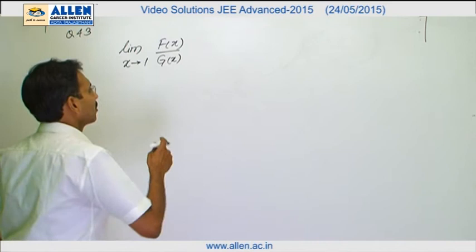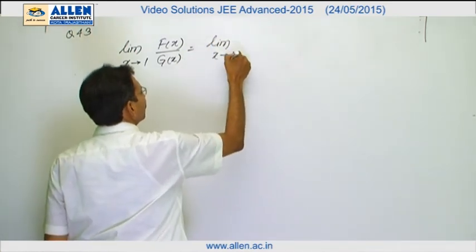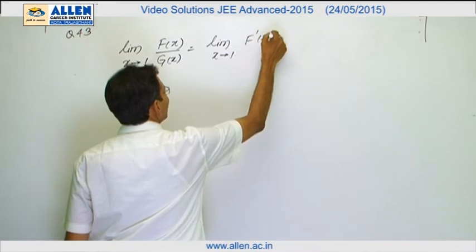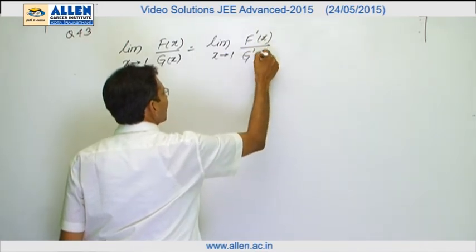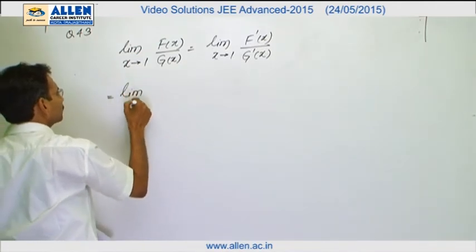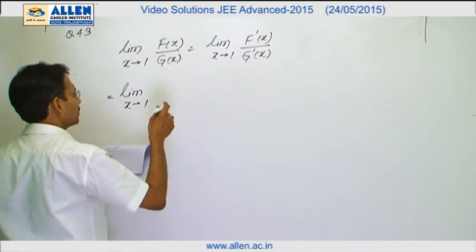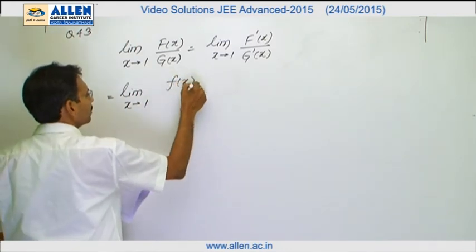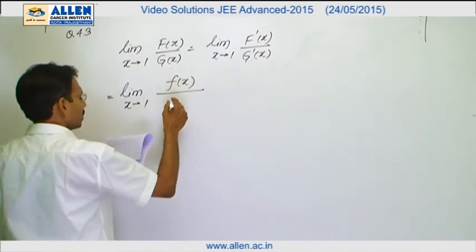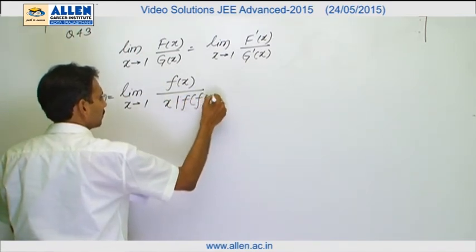So I can apply L'Hopital. I will say it is x approaching 1, capital F dash upon capital G dash. Now capital F dash will be, using Leibniz formula for differentiation of a definite integral, small fx divided by x modulus of fx.